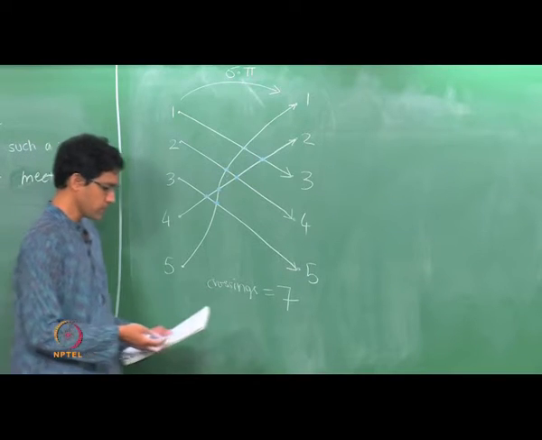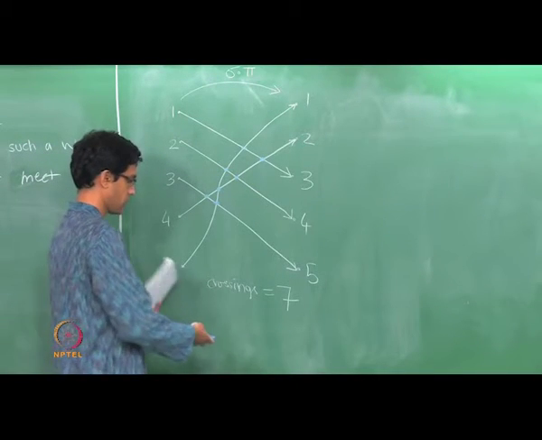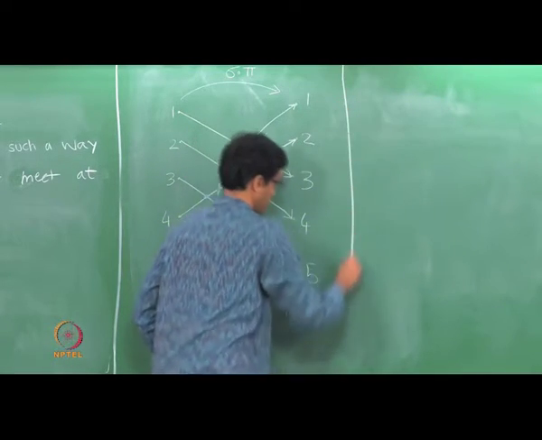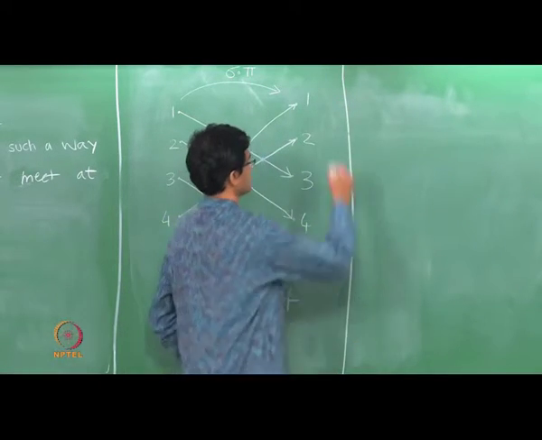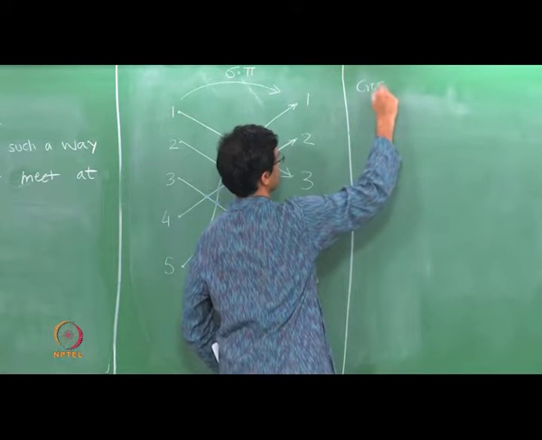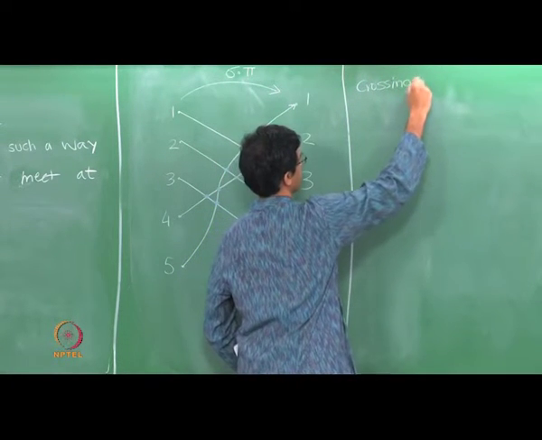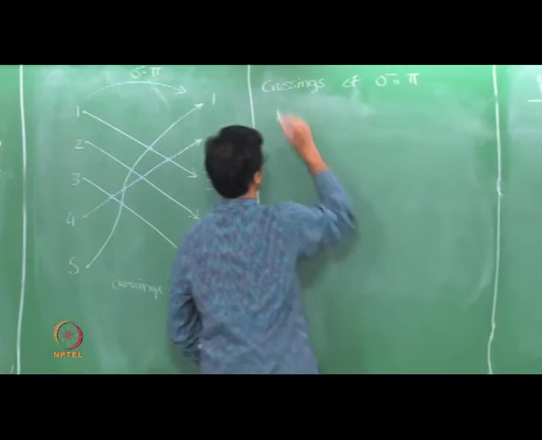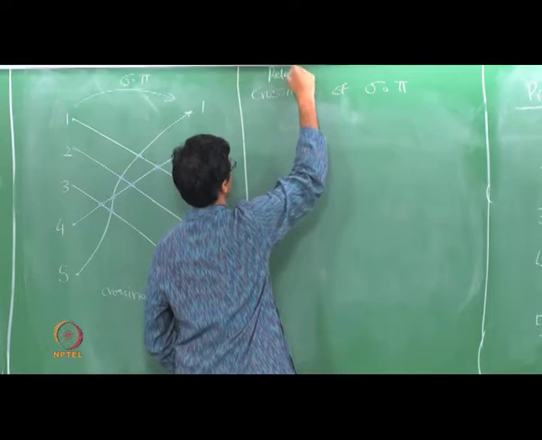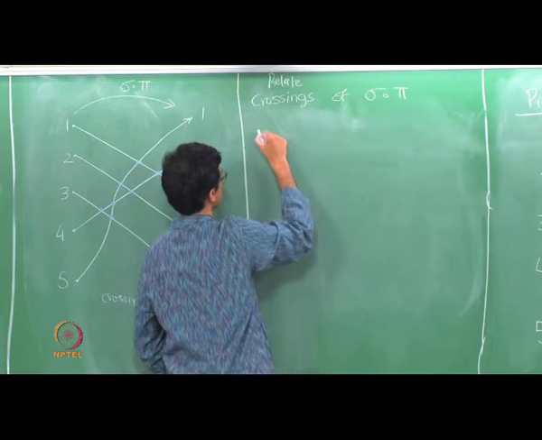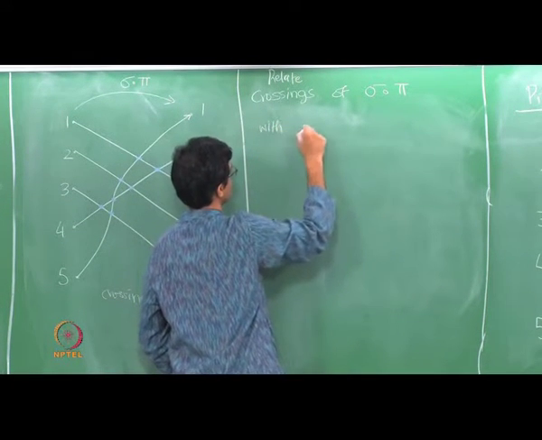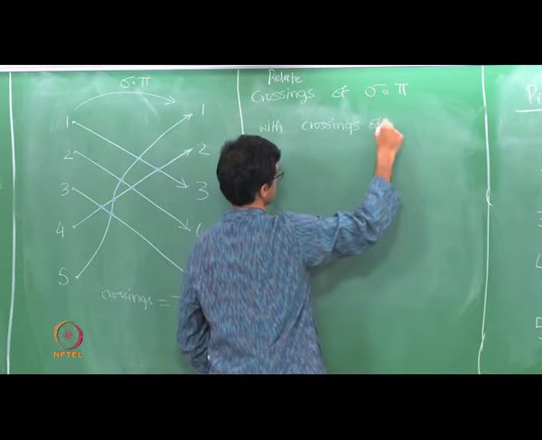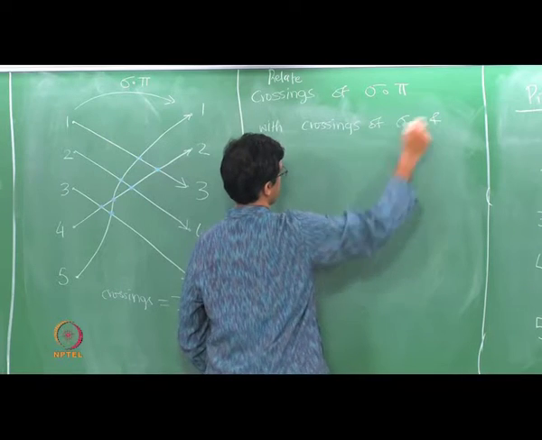Now here is the question, how do we relate the number of crossings of sigma composition pi with the number of crossings of each of the 2 pieces, crossings of sigma and number of crossings of pi?